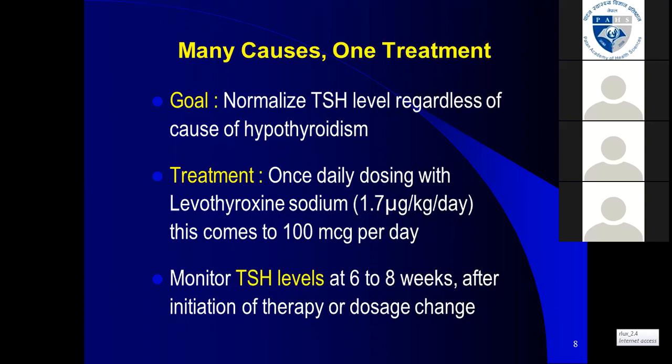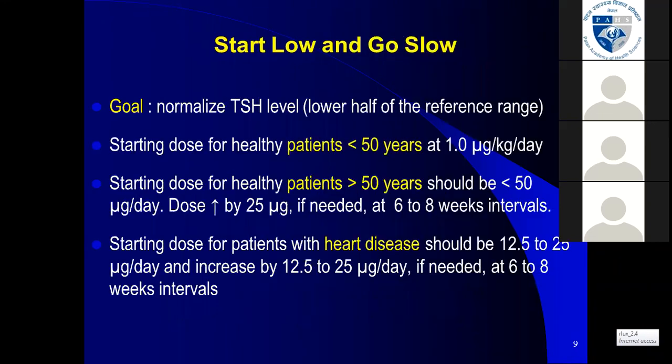But we have to monitor the TSH level 6 to 8 weeks after initiating the therapy, or if we change the dose of thyroxine, then also after 6 to 8 weeks, we have to again measure the TSH level.